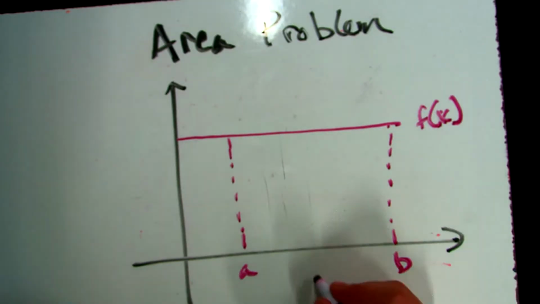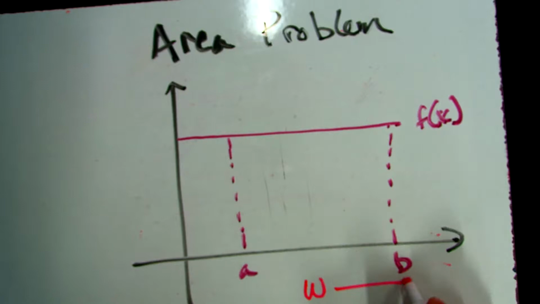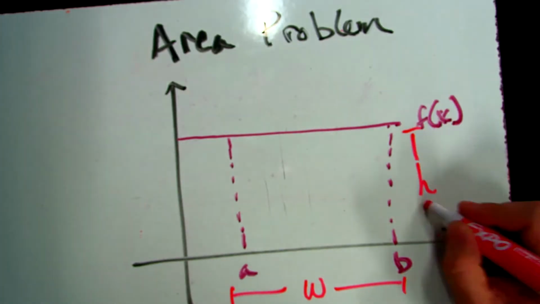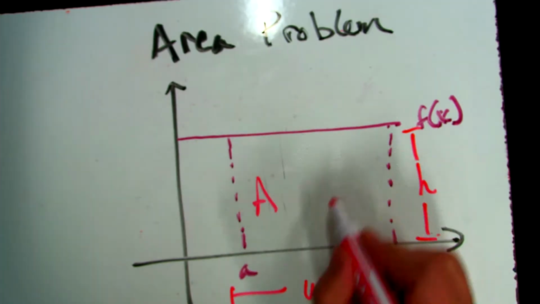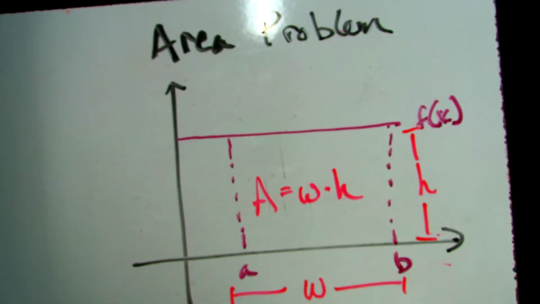You've got a width here, and we've got a height here, and we know that the area in this space is just going to be the width times the height, because it's a rectangle, and that's really easy.